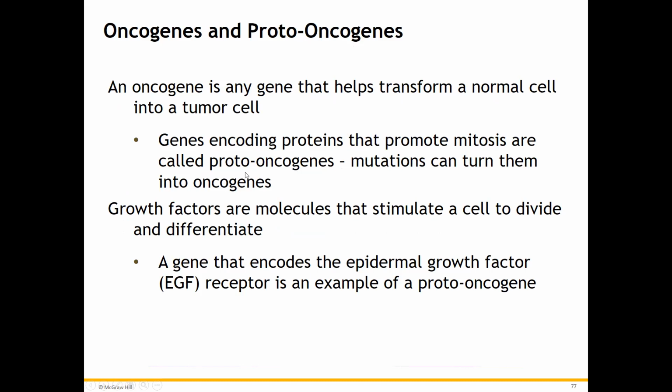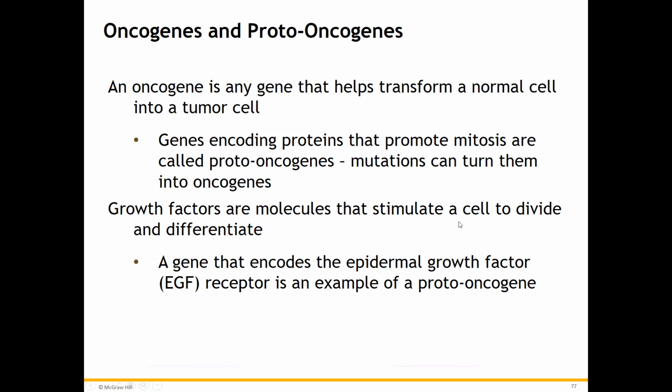So when something goes wrong with a proto-oncogene, that mutation can turn your proto-oncogene into an oncogene. And that's why you have an oncologist. An oncologist is a cancer doctor. Onco is cancer, and you don't want mutations turning your genes into oncogenes.